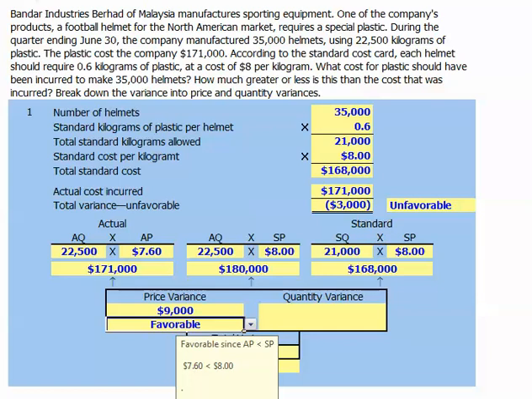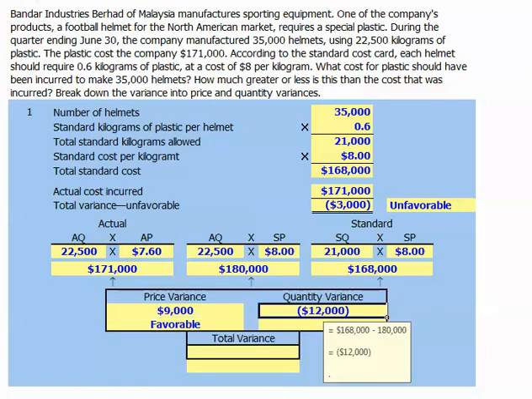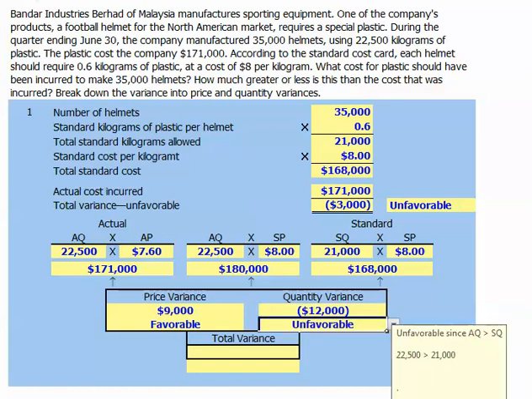With respect to our quantity variance, the quantity variance is $12,000, and we can tell it's an unfavorable variance because our actual quantity of plastic we used, 22,500 kilograms, was much greater than our standard quantity of 21,000 kilograms.